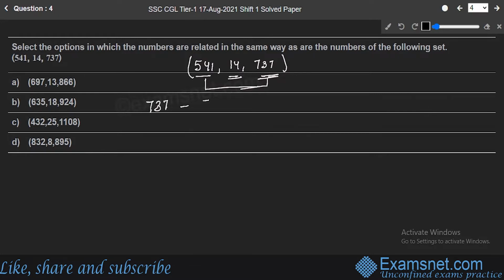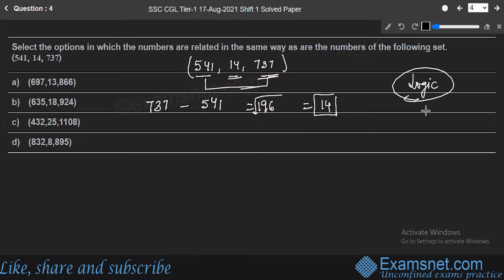If I subtract these two numbers, 737 minus 541, this gives me 196. Right. If I take the square root of this, I get 14. So bingo, we got our logic. You have to find out the logic.